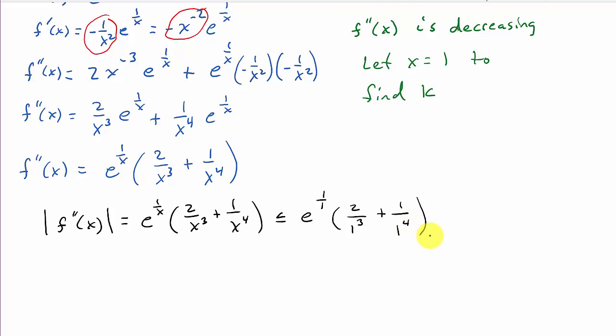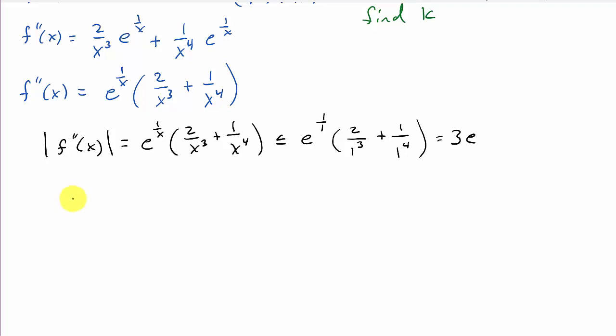All right. So all I did is I took the 1 and plugged it in for x here. And this is going to give me 3e. So I know that the absolute value of f double prime is going to always be less than or equal to 3e. All right. So what do we have? We will take k to equal 3e.